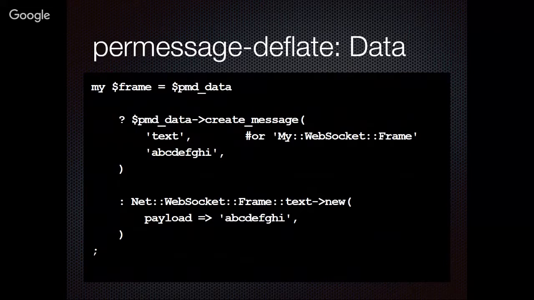So when you want to create a per message message, you're going to pass in the frame type and the payload that you want to be in that message. And then the default create message is going to create an unfragmented message for you.